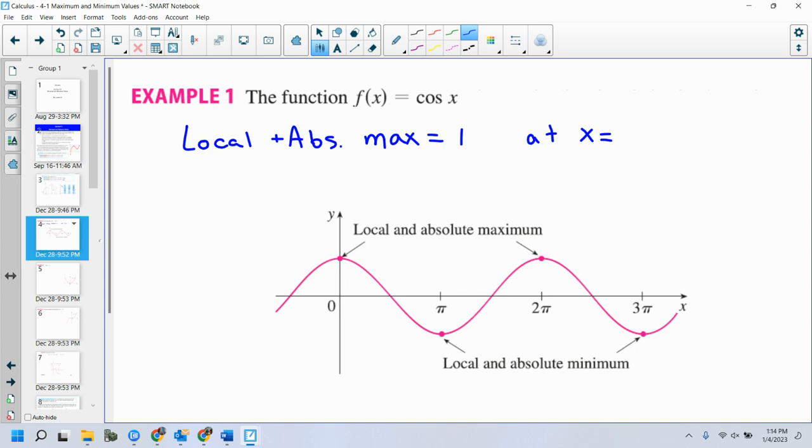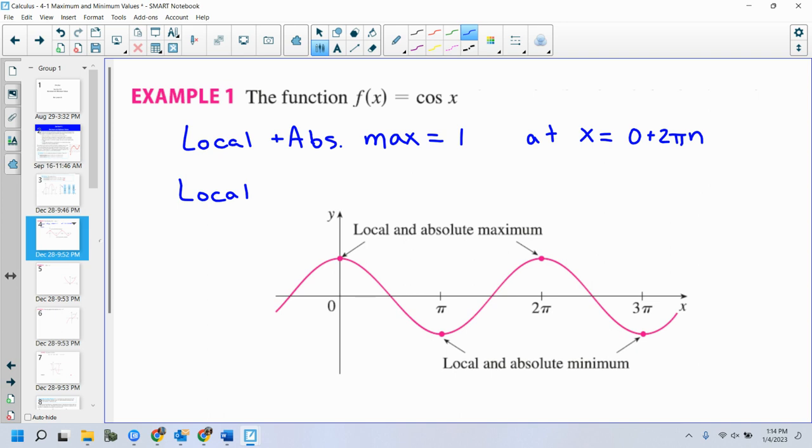Now, in this case, it's going to keep cycling through, right? It's going to happen at 0 plus 2 pi n, where n is an integer. Because it's going to happen at 0, at 2 pi, at 4 pi, at 6 pi, at negative 2 pi, at negative 4 pi, at negative 6 pi. Unless I specifically ask for it, you don't need the x value. Technically, the y value is enough.